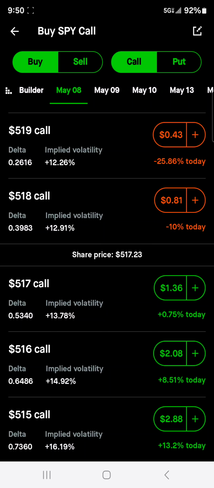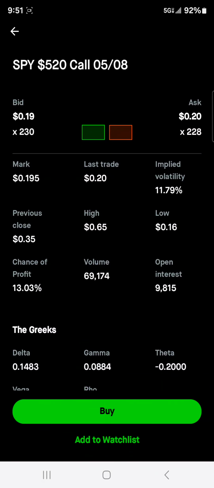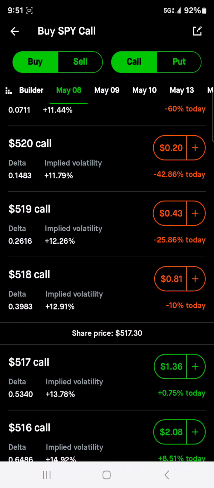Let's say your account's small, you don't want to put $81 down. You still think the market's going to move $1, right? You think it's going to go up to 518? Well, you've got 520s right here that are worth $20. Instead of spending $80 for one, you could spend $80 and get four, and it's the same thing. If it moves $1, you can anticipate that your 520 call is going to be worth $43.